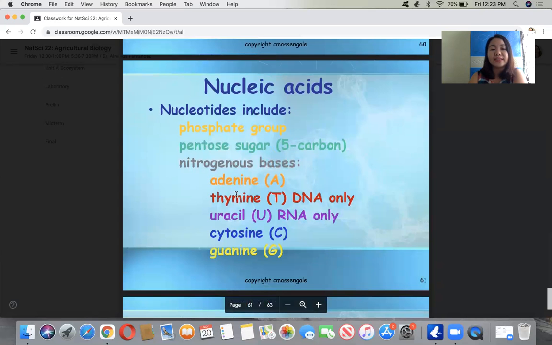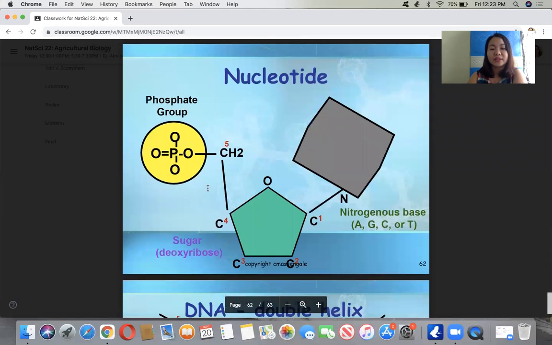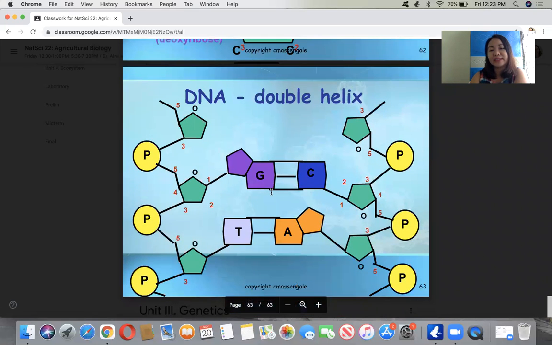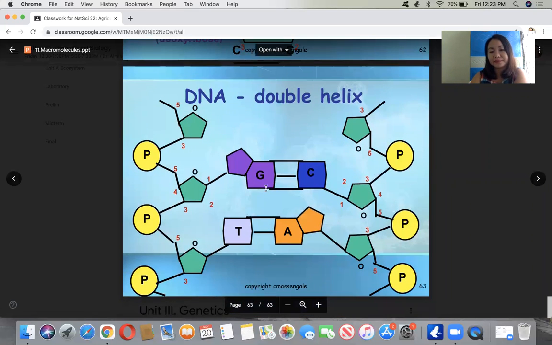Nucleotides include a phosphate group, a pentose sugar with 5 carbons, and nitrogenous bases: adenine, thymine, uracil, cytosine, and guanine. So this is the structure of the nucleotide: the phosphate group, the sugar deoxyribose, and the nitrogenous base A, G, C, T. And this is the double helix DNA.